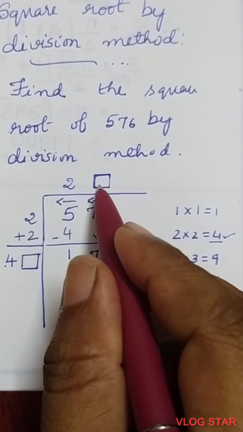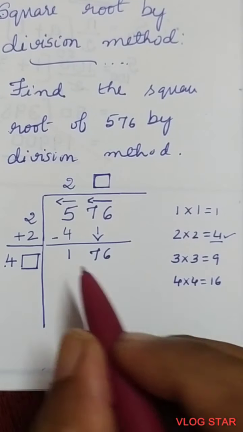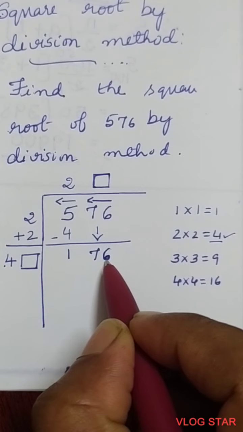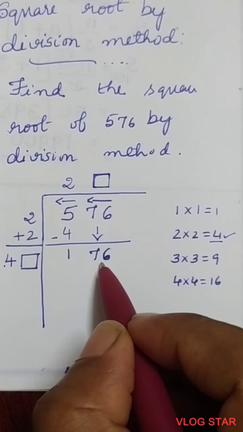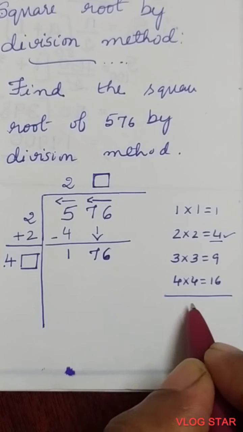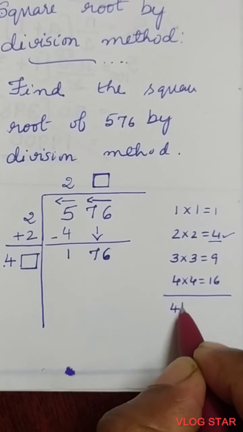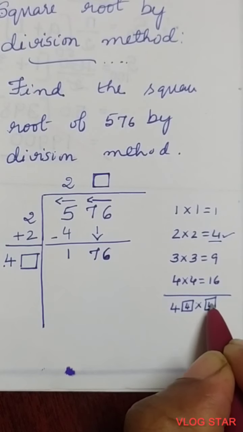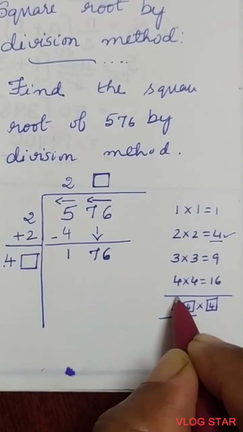Now which number? The last digit we must get is 6. When do we get 6? Either 4 4s are 16 or 6 6s are 36. So we will see what happens if we write 4 into 4. 4 4s are 16.